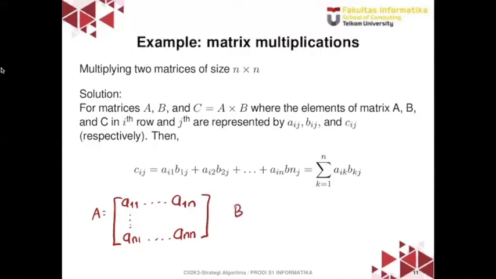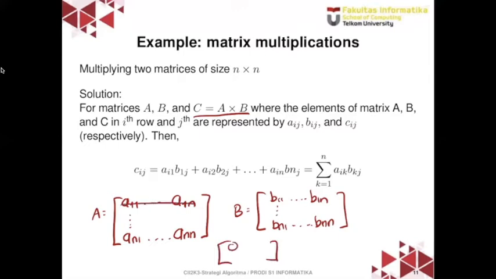And if we have B, then we have B11 until B1n, and Bn1 until Bnn, so that if C is the multiplication of the two, the first element of C here is the multiplication of this vector times this vector.